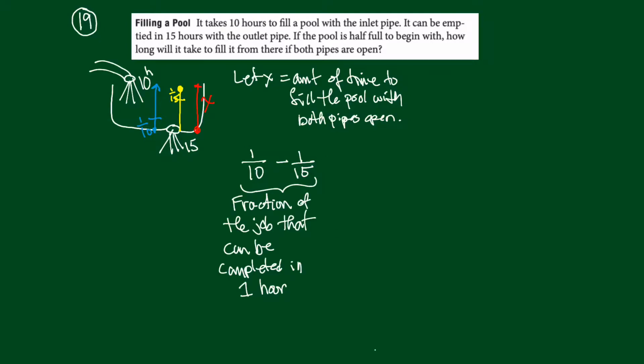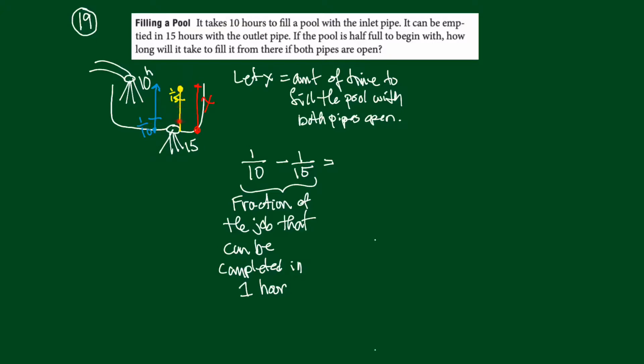But this fraction here is equal to, well, what do we know? We let x be the amount of time to fill the pool with both pipes open. So it takes x hours to do the complete job. So what about in 1 hour? If it takes x hours to do the whole job, now I'm going to come back over here. It takes 10 hours to fill the pool, so in 1 hour it can do 1/10 of the job.